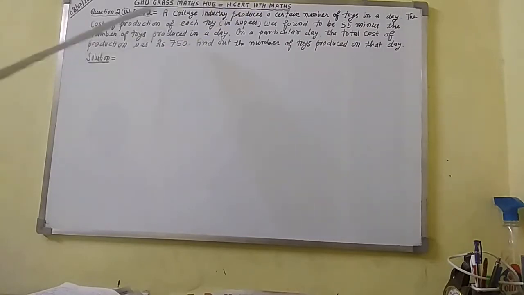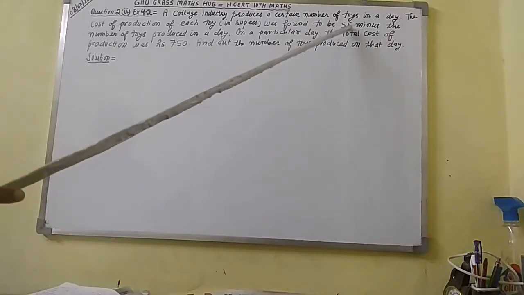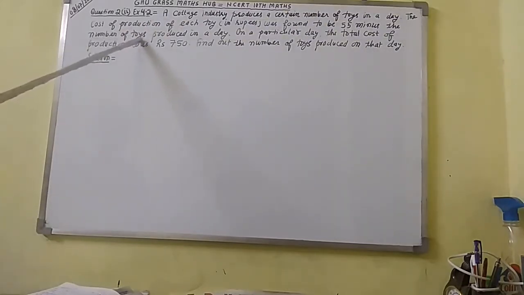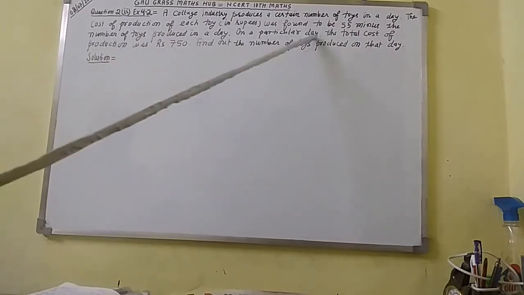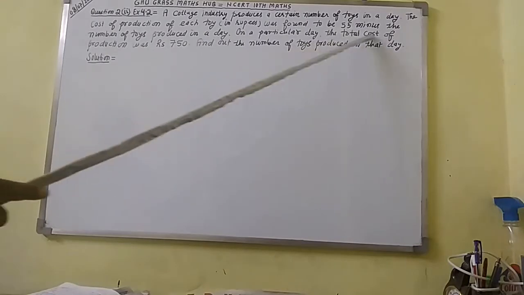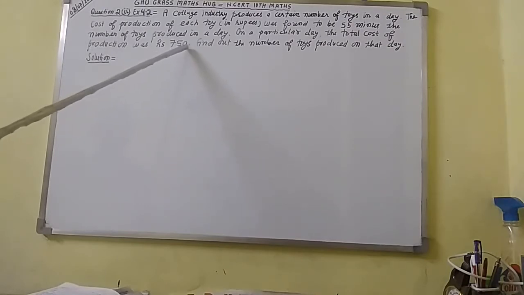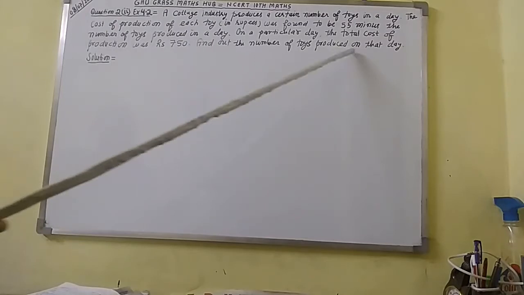The cost of production of each toy in rupees was found to be 55 minus the number of toys produced in a day. On a particular day, the total cost of production was rupees 750. Find out the number of toys produced on that day.